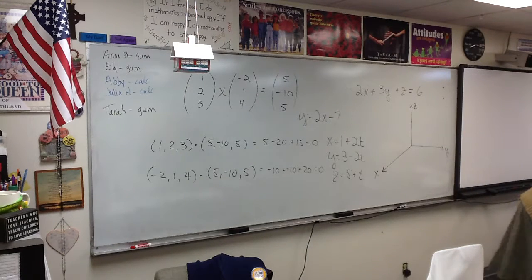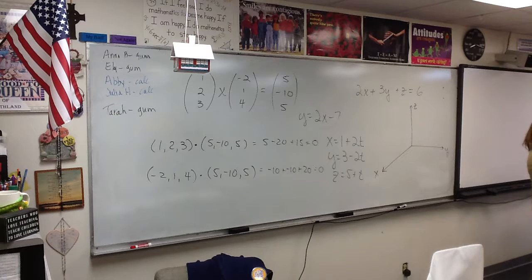Here it is. My regular XY coordinate plane. And jab your pencil right down through the origin. That's your z-axis. So now you have your x-axis, your y-axis, and your z-axis.